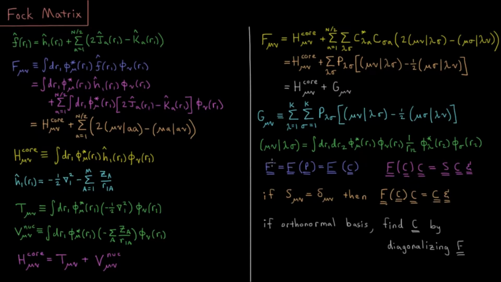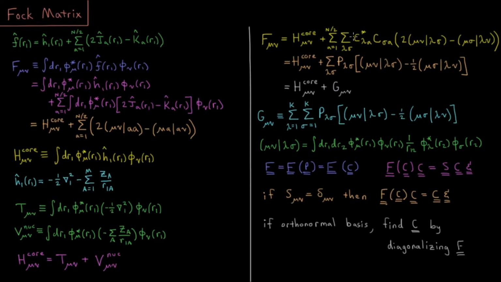Okay, so this allows us to equivalently express our Fock matrix either as a function of the density matrix or a function of the coefficient matrix C, which represents all of our molecular orbitals. So there's a one-to-one correspondence between a given density matrix and a given coefficient matrix, or shall I say for a specific coefficient matrix, the density matrix is defined.